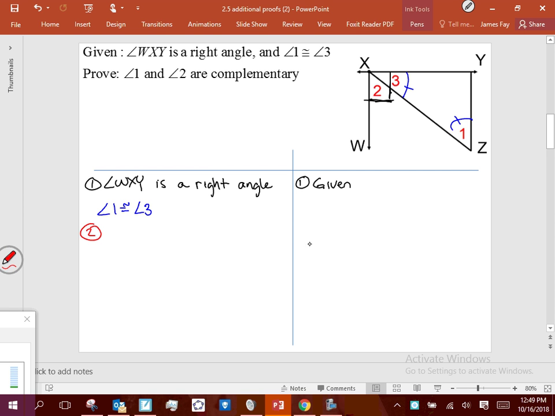When we write our given down, there's quite a few things in there. There's the fact that we get a right angle, right? So I should probably draw that in my picture. I do that with that little box up there. We also get the congruency of angle 1 and angle 3, right?